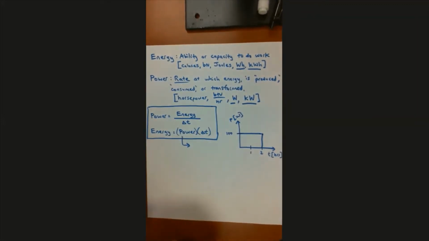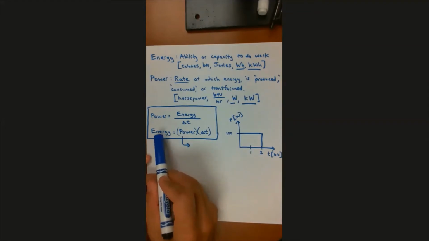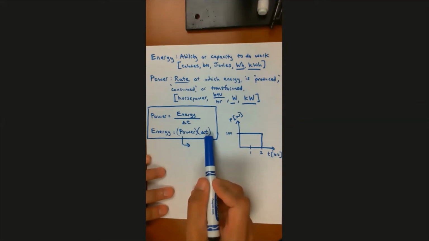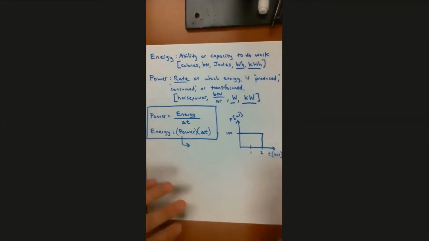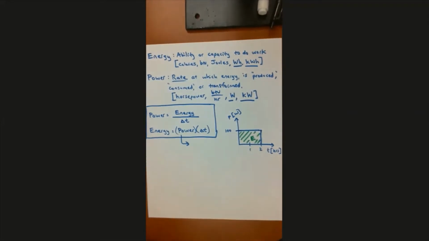Now, if we want to calculate the energy here, we have this equation, energy is power times time, and I want you to recognize that all we're doing here is calculating the area of this rectangle. So the area under this, quote, curve, this is not really a curve, it's a line, but the area under here is the energy. All right, so that's the energy.